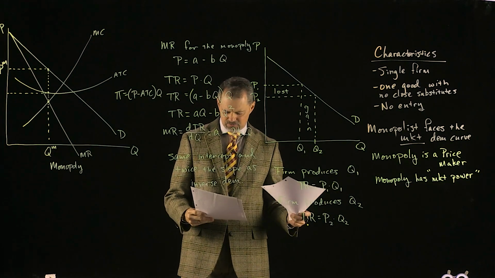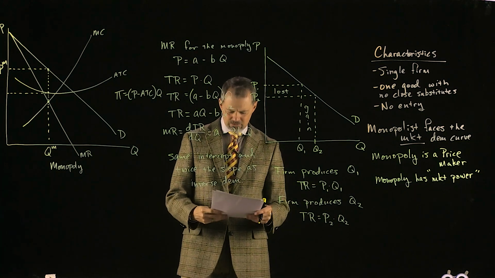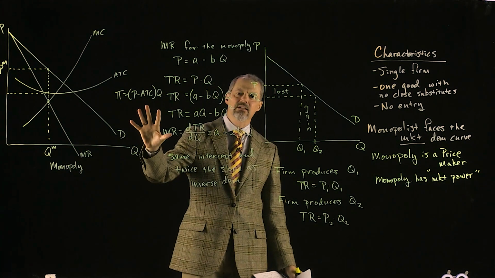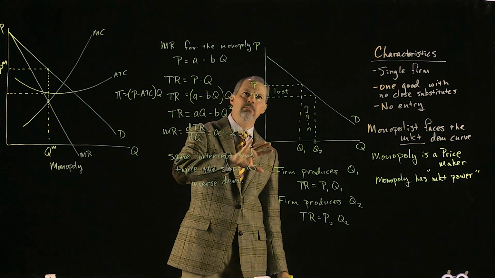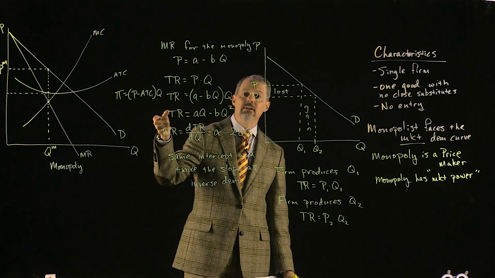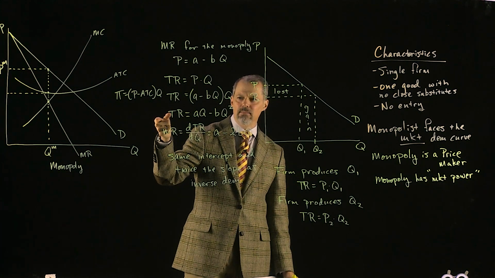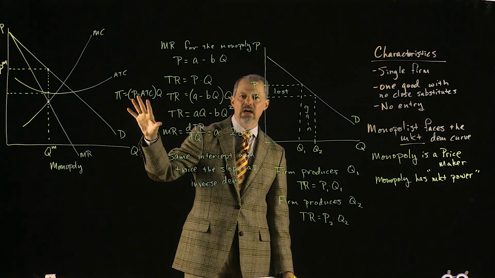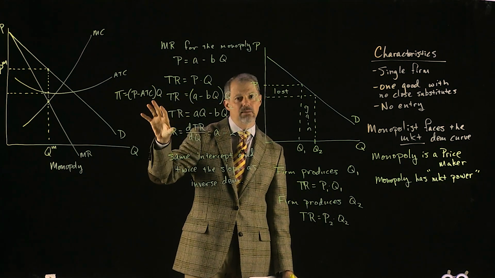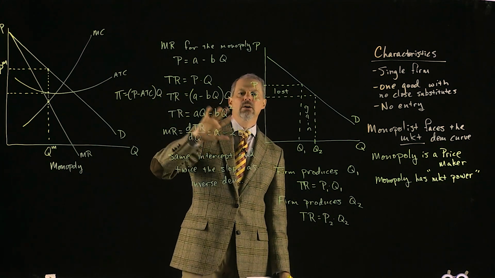Let's think about working through a problem like this where we use the same market demand curve that I used in the perfect competition problem, and let's just see how things would work out with the monopoly. Let's suppose that that industry, instead of being a perfectly competitive industry, was a monopoly.